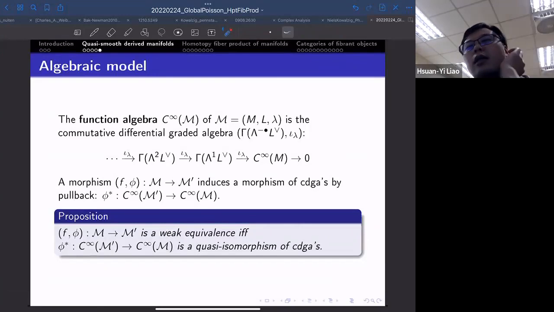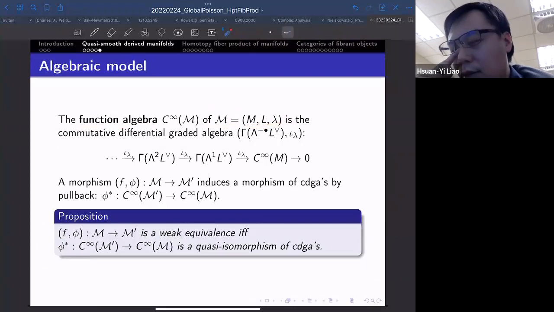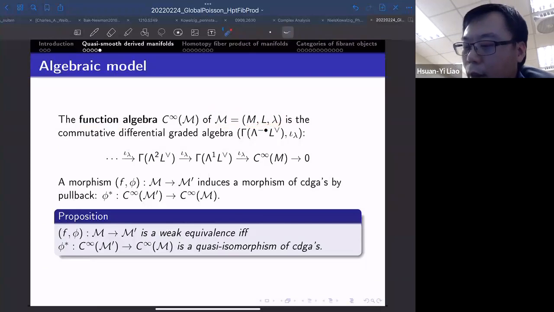Okay, and here is the algebra of functions on this quasi-smooth derived manifold. Given a quasi-smooth derived manifold, by that I mean a vector bundle together with a section, we can consider functions on this space, and by that I mean a commutative differential graded algebra.